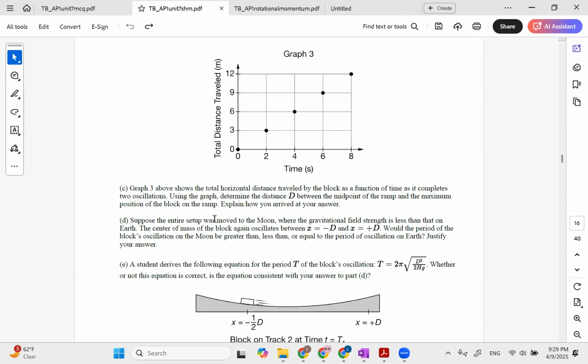When it's moved to the moon, what happened? What changed? Gravity. The gravitational field changes, right?